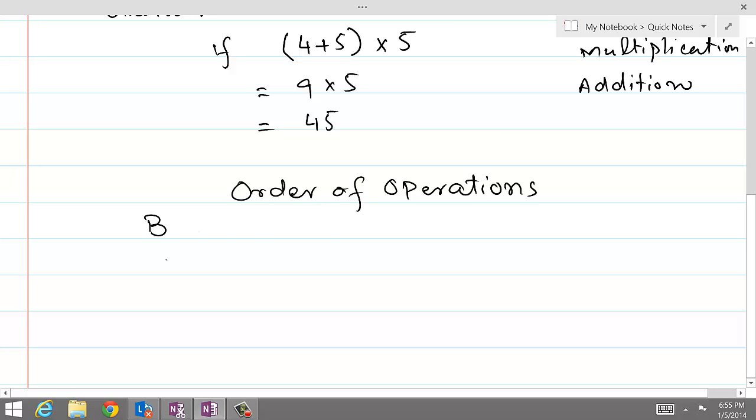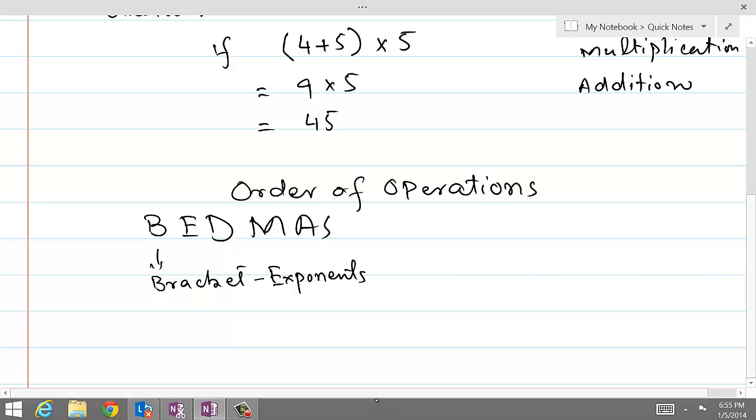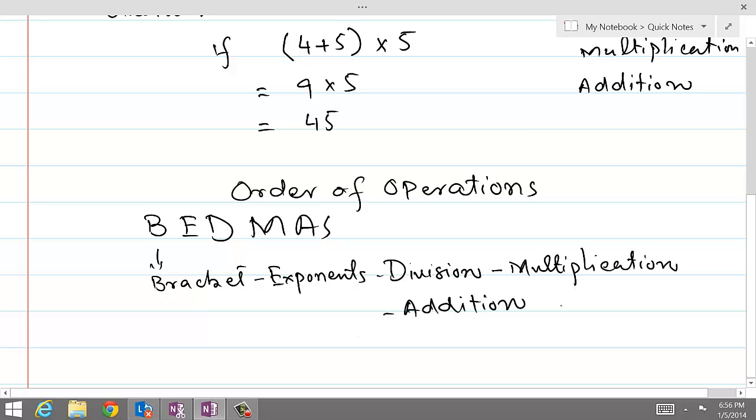BEDMAS: B stands for brackets. It means brackets are calculated first, and then exponents are calculated, and then D for division is calculated, and then M for multiplication is calculated, and then addition is calculated, and then subtraction.